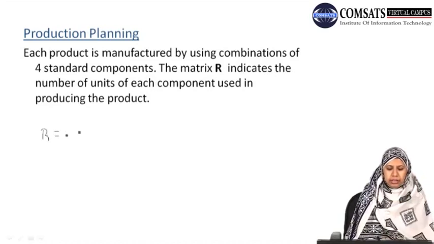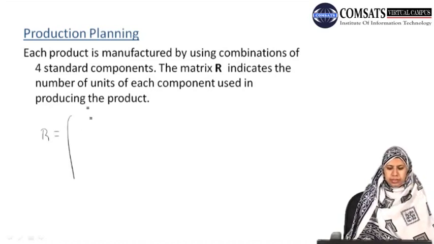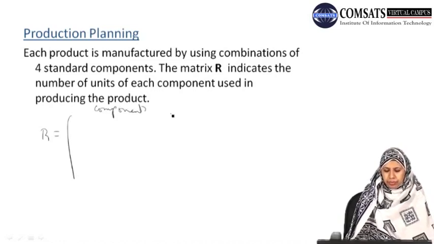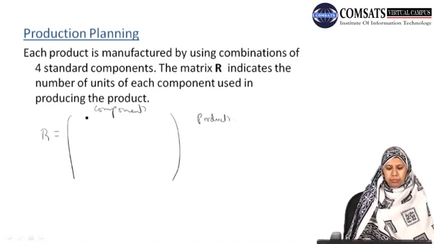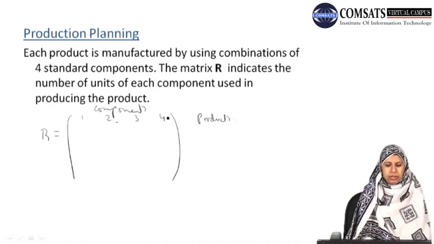where the matrix R is given as, that is, our columns represent the components and our rows represent the products. Okay, for component 1, 2, 3 and 4.